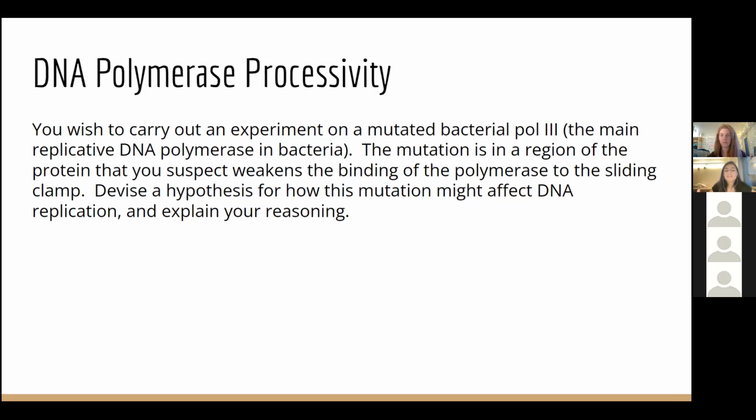So the replication is going to take longer, it's going to be less efficient. The DNA can still be replicated, but it's just going to take longer and it's less efficient because the DNA polymerase keeps falling off since there is a weaker bond between the polymerase and the clamp.